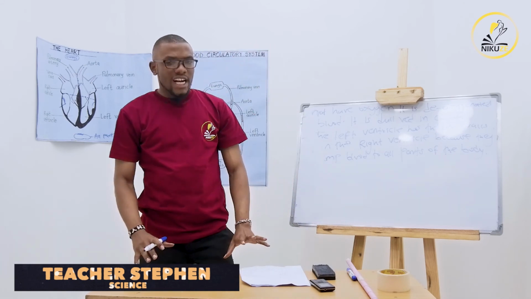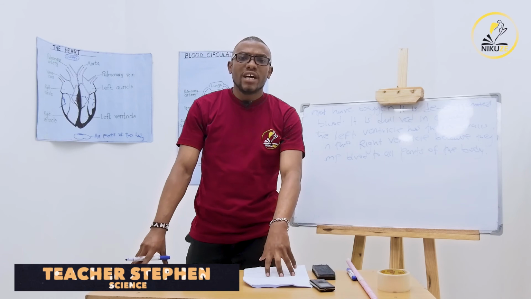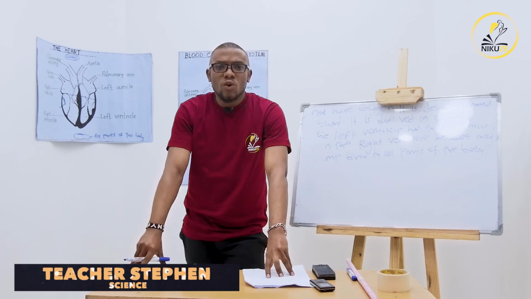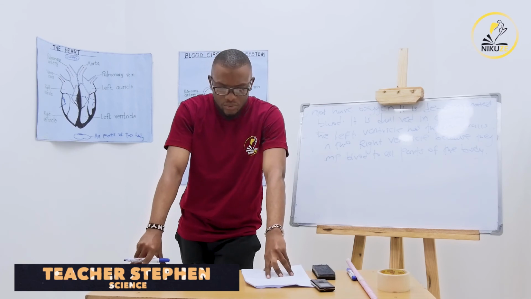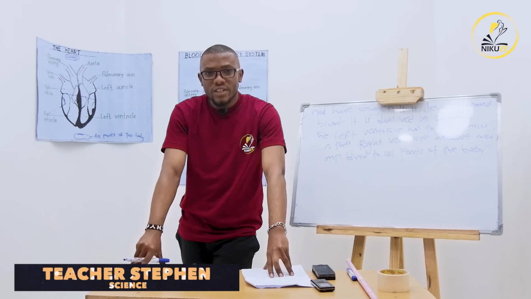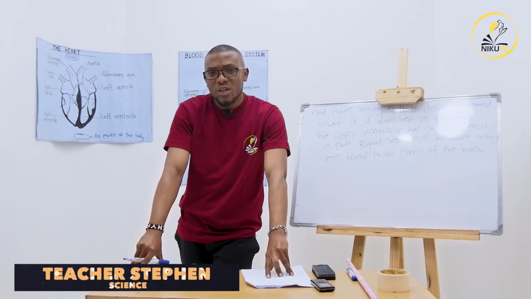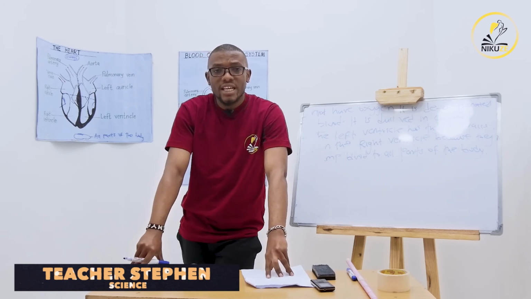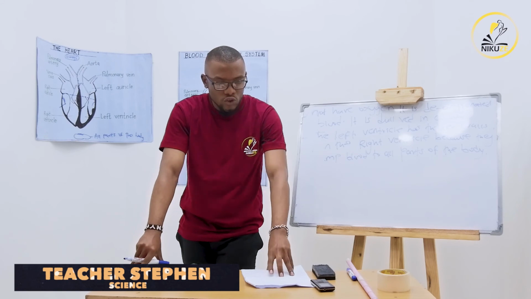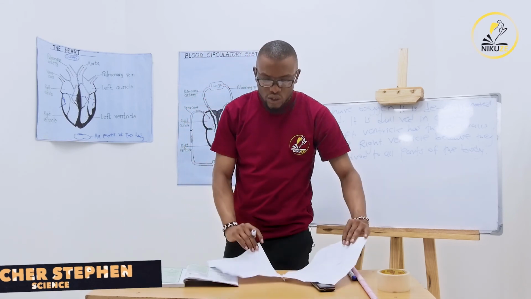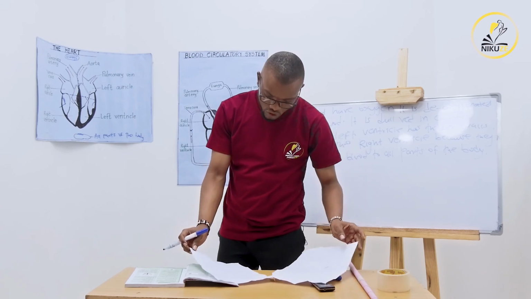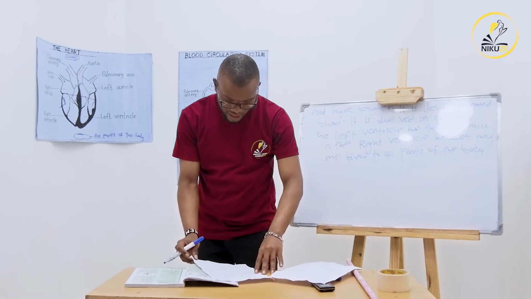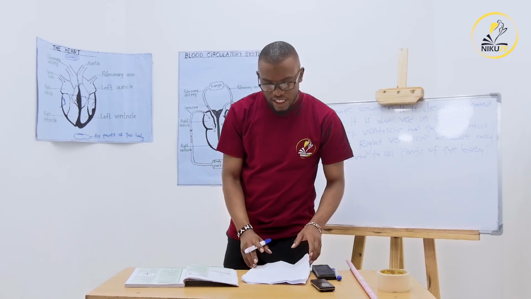Now, having said that, I believe you've gotten the points well. So make sure in your own time you go through your notes and study them very well, and if you do that, you'll be in a very good position to answer many questions on the heart.